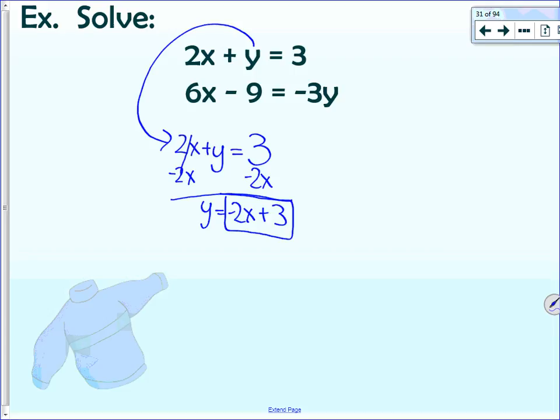All right, so now I have solved for y. Let's see what happens when I plug it in. 6x minus 9 equals -3 times y, which is -2x plus 3. Stay tuned, people. This is going to be interesting.